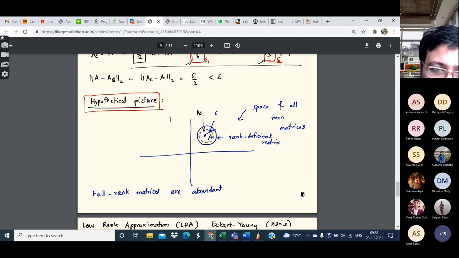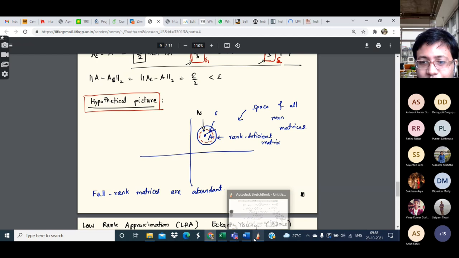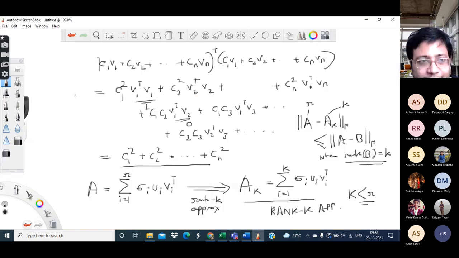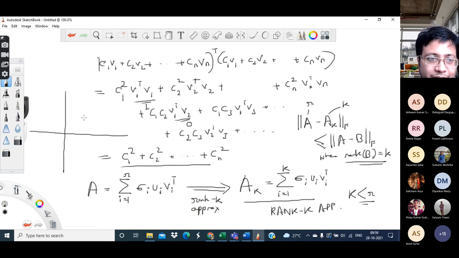It's not that all the low rank matrices are sitting in one corner and all the high rank matrices are sitting in another corner. The low rank matrices and the high rank matrices are very much interspersed. If you imagine a space of m cross n matrices, of course such a space cannot be visualized in 2 dimensions, but still, just think about it.